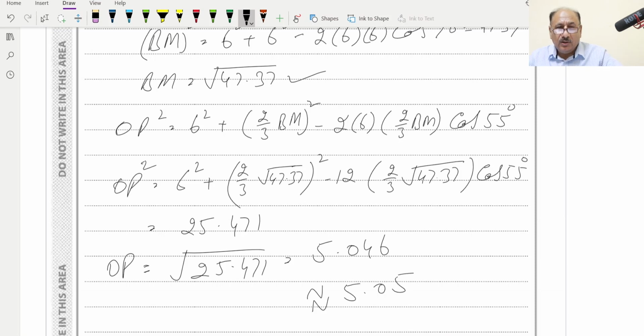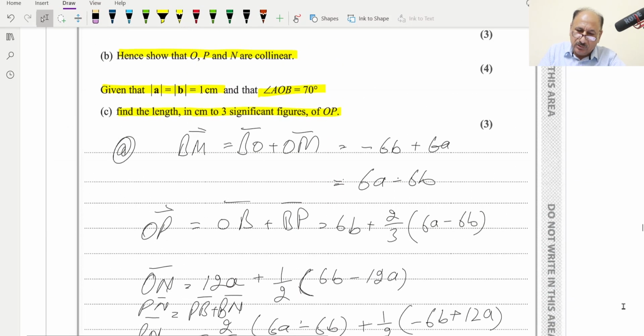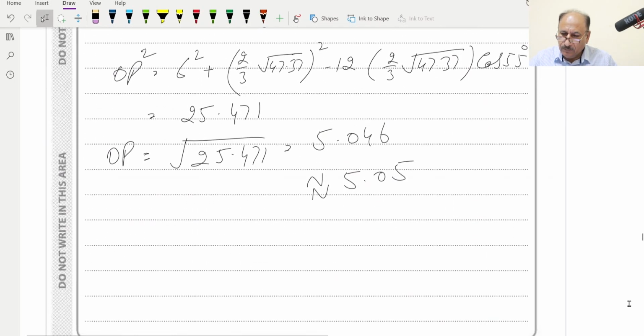This will be up to 3 significant figures, which I think they were asking, and we have written it in 3 significant figures. This will be in centimeters.